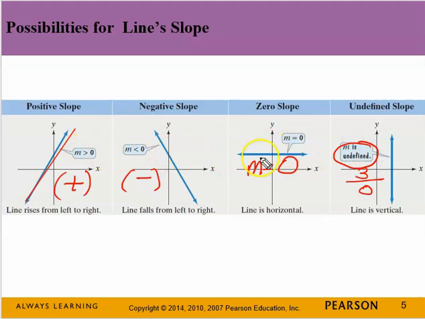So as reference, little diagrams: positive slope, negative slope, zero slope, undefined slope. Again, this is all building up to what we will be doing as we go through this section.